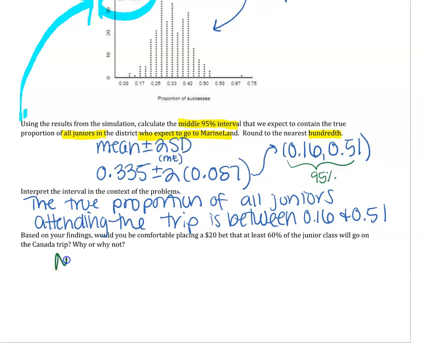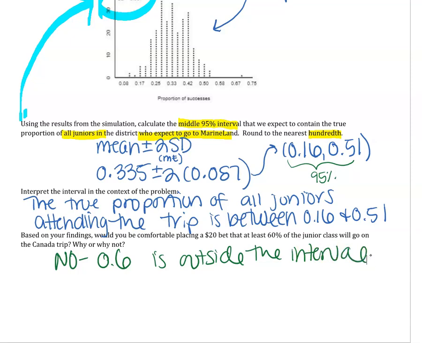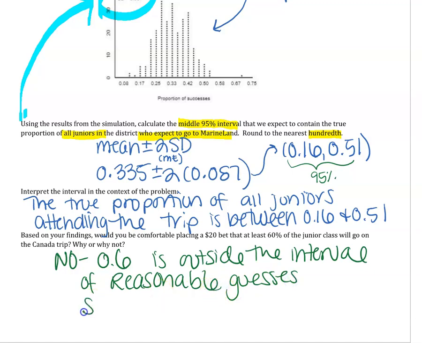So I'm going to say no. 0.6 is outside the interval of reasonable guesses, so it's unlikely to happen.